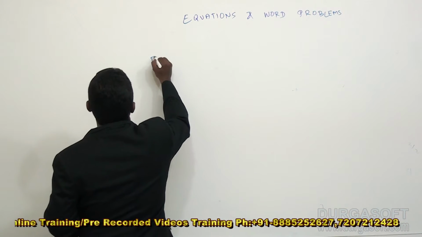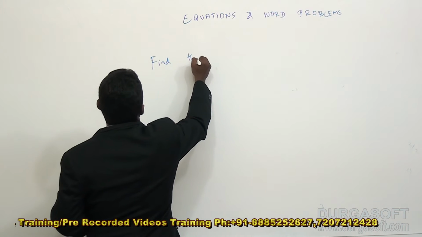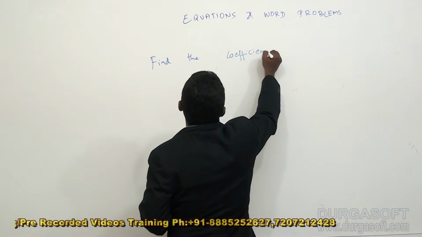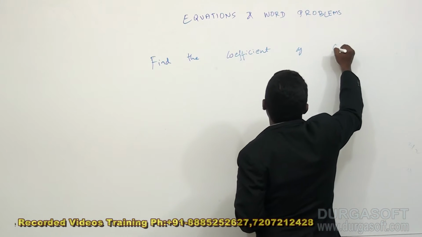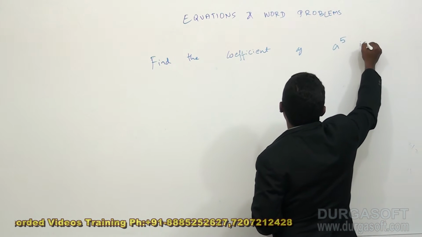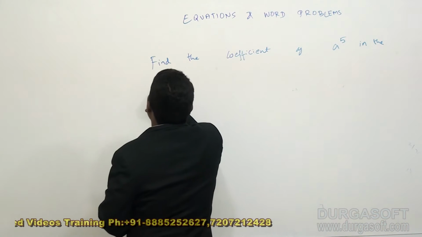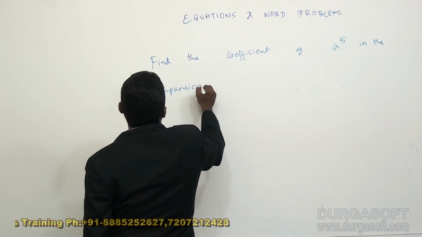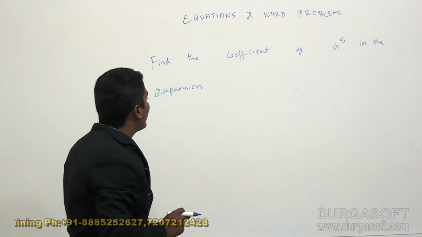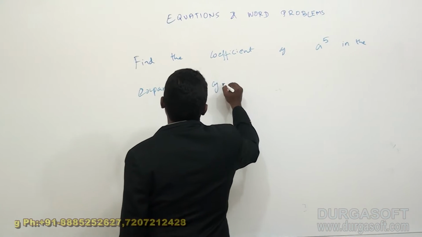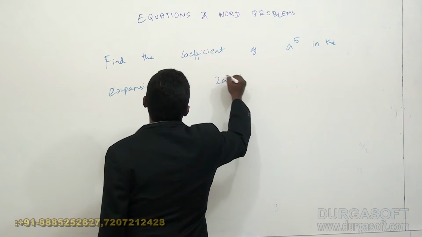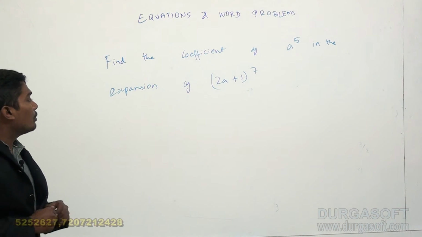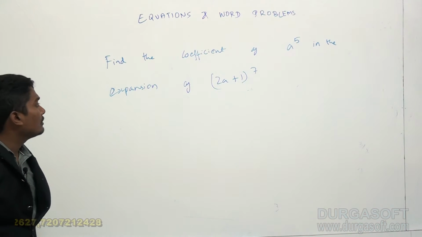Find the coefficient of a to the power 5 in the expansion of (2a plus 1) to the whole power 7.